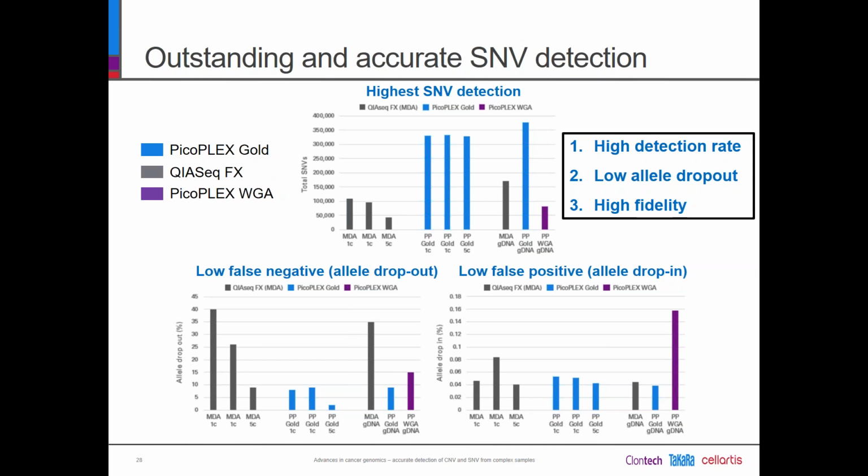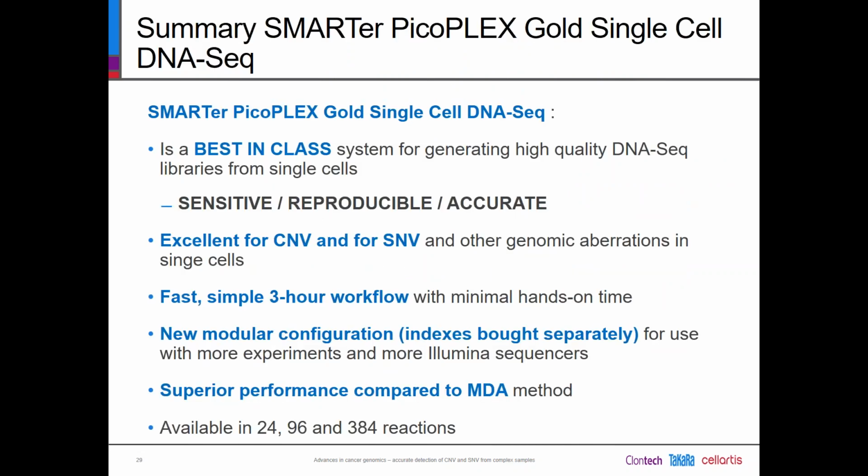First, in terms of high rate detection of SNV, and of course you can trust this data because allele dropout frequency and drop-in frequencies are very low. So those are data that you can trust.